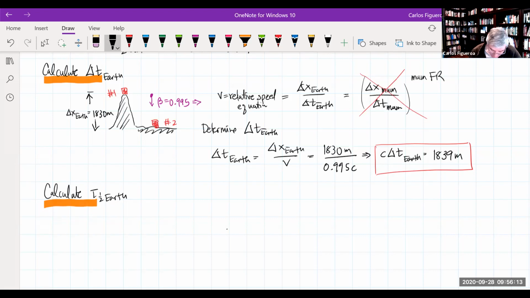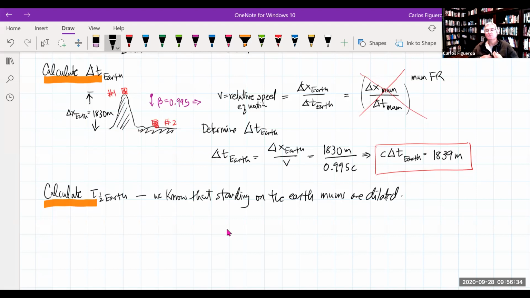We know that standing on the Earth, muons are dilated. Why are they dilated? They're moving relative to us.